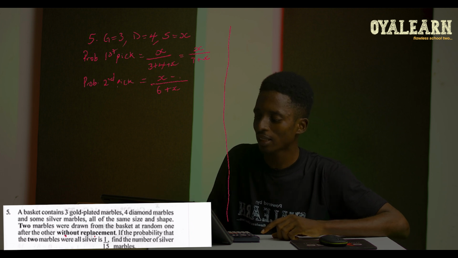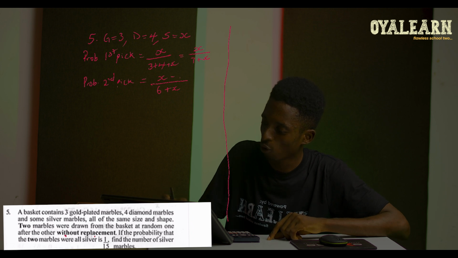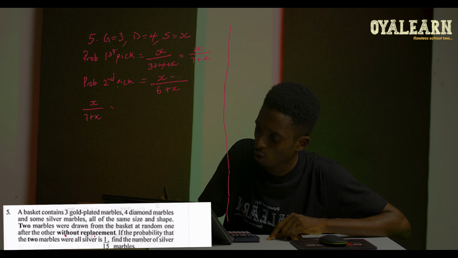Now the probability that these 2 picks are silver is given as 1 over 15. Therefore, x over 7 plus x multiplied by x minus 1 over 6 plus x should be 1 over 15.